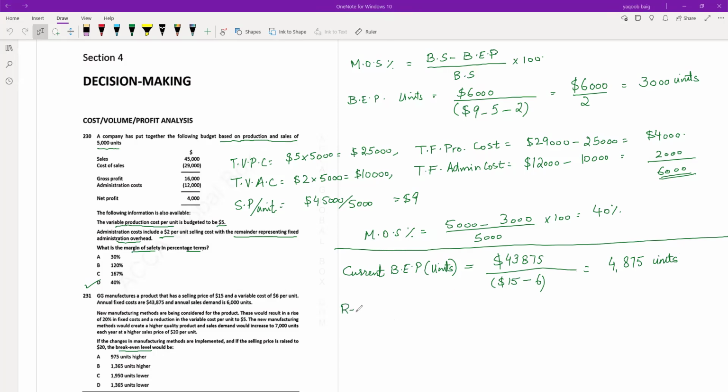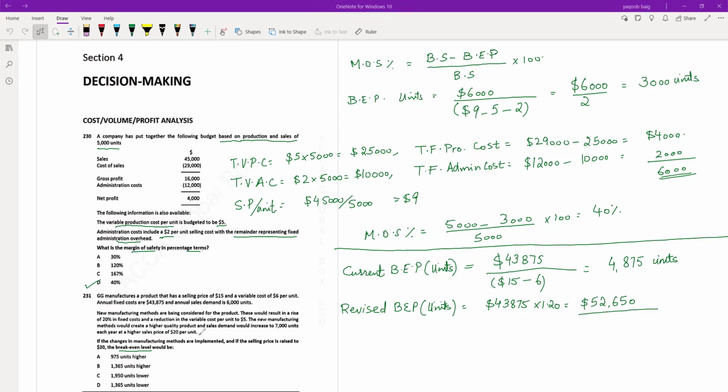Now we will calculate revised break-even point units, which is equal to fixed cost, which will rise by 20%. So 43,875 multiplied by 1.2, 52,650 divided by the contribution.